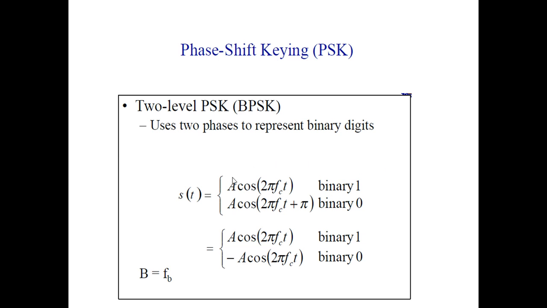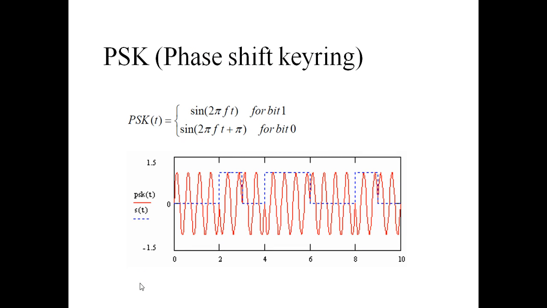For binary 1, Ac cos 2 pi fct is transmitted, and for binary 0 it is changed by plus pi, or in another form, minus Ac cos 2 pi fct, and the bandwidth is equal to the bit rate. In this diagram we represent these two. When a transition occurs, there is a change in phase accordingly at every transition from 0 to 1.